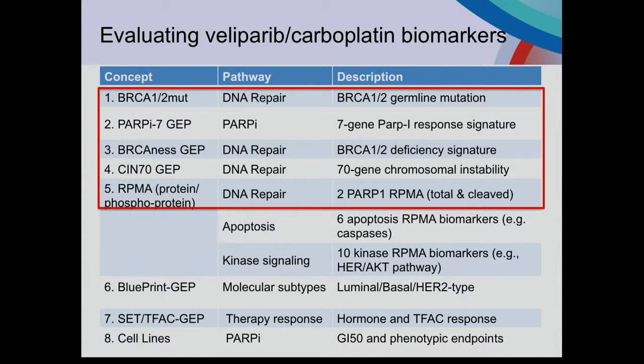So we tested either in the germline, which is number 1, the BRCA1 and 2 status, which is of course the hallmark of patients having a DNA repair deficiency intrinsically, and number 2 to 5 are actually assays we did on the tumor itself to see if we could find signals for DNA repair deficiency, either by a gene expression profile we developed for PARP inhibition based on cell line data in the past, or a BRCA signature, for instance, which can identify DNA repair deficient cells.